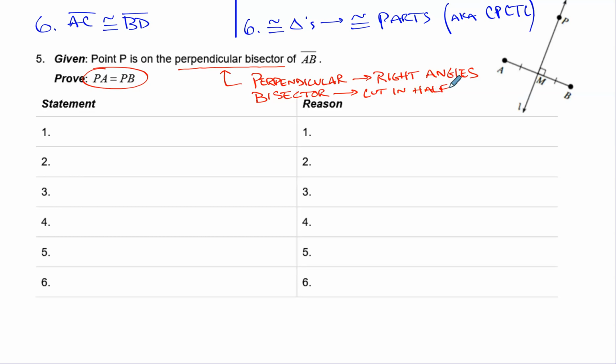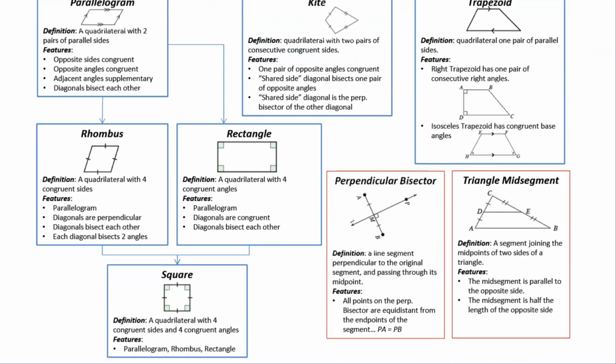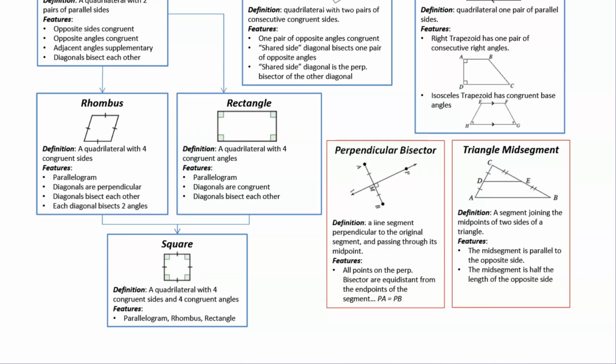Okay, so I want to show you why I'm proving this to you, and I'm going to flip back to the org chart. Take a look down the bottom right-hand corner of the org chart. I mentioned that there were a couple miscellaneous things that fit into this chapter, and this is one of them. We have a definition here for a perpendicular bisector and then a feature. For a feature, I better prove that.